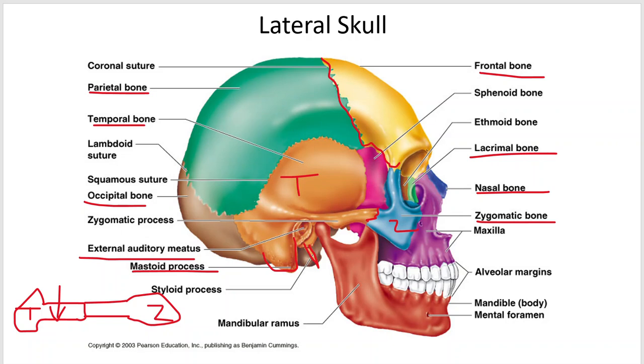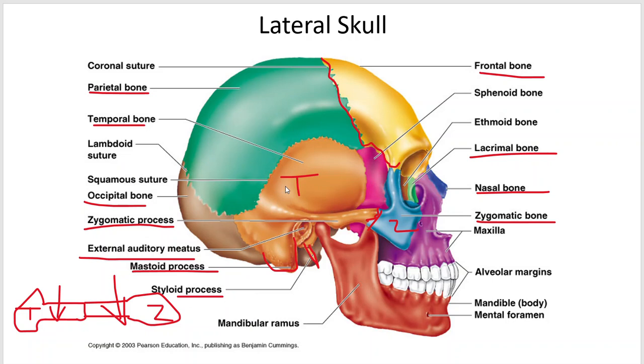Okay, and I'm guessing you have figured out that I'm going to tell you that this is the temporal process of the zygomatic bone. So in other words, these processes are named by what they connect to. Temporal bone, zygomatic process of the temporal bone. This is the temporal process of the zygomatic bone. Okay, guys? It's one of those things you're going to get used to, I promise.